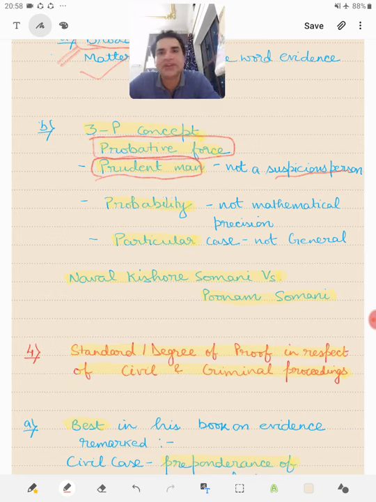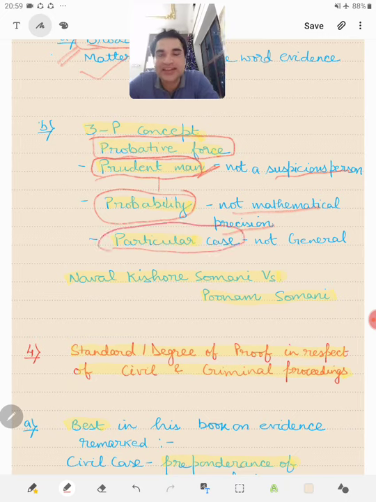So they say that a prudent man, then probability. That is, there should not be a mathematical presumption that 100% we prove that this thing is there. Rather, probability is there, that most probably, most likely it is to be there. And then the particular case, the thing is not to be seen in general terms, but in reference to that particular case, in reference to those particular circumstances.